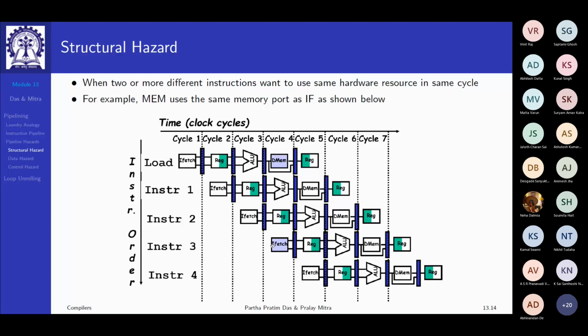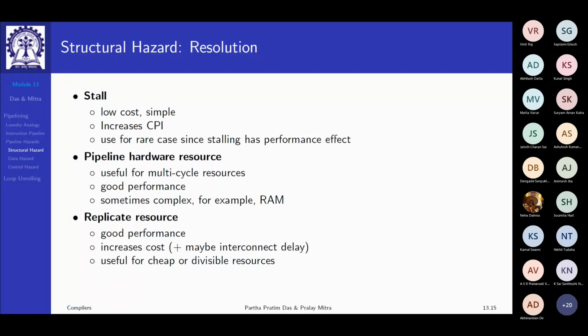So if you have that, then you will have to stall the pipeline. I mean, either hold this load instruction from doing anything, or stop instruction 3 from fetching in this cycle. So by stalling, that is inserting NOPs, you have a very simple solution, and the compiler should be able to analyze the program and decide when the stall is needed.